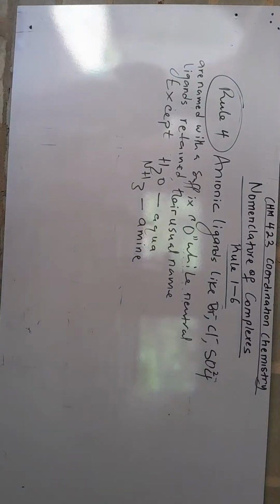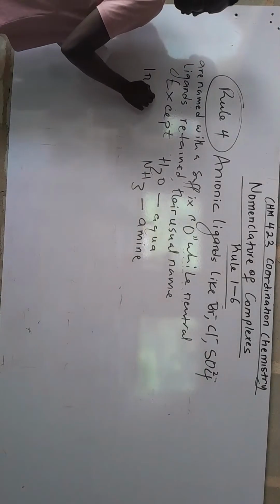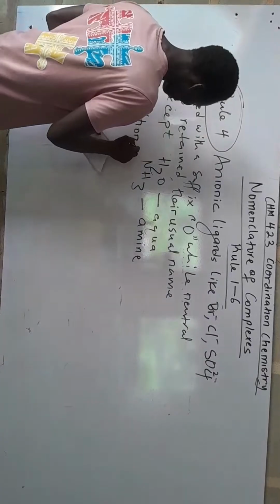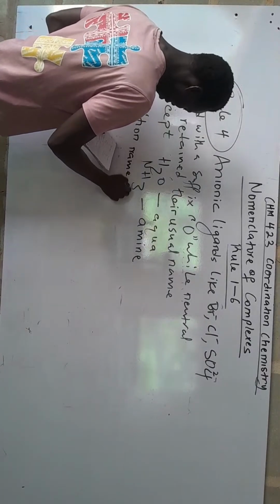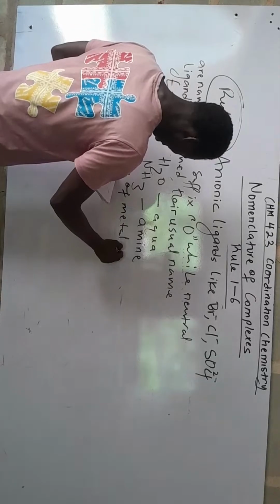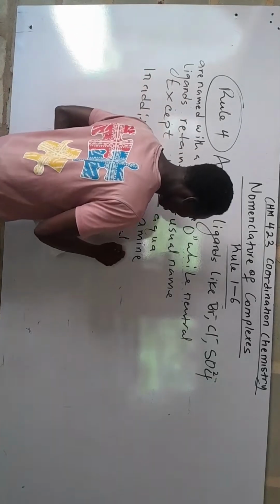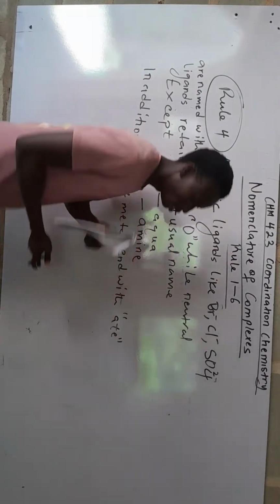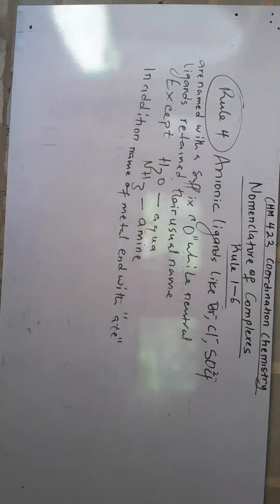So, in addition to that, in addition, name of metal and with ATE. Exactly. Name of metals end with what? With ATE. Okay. So in this case, let us try and give some possible related compound of this one here.